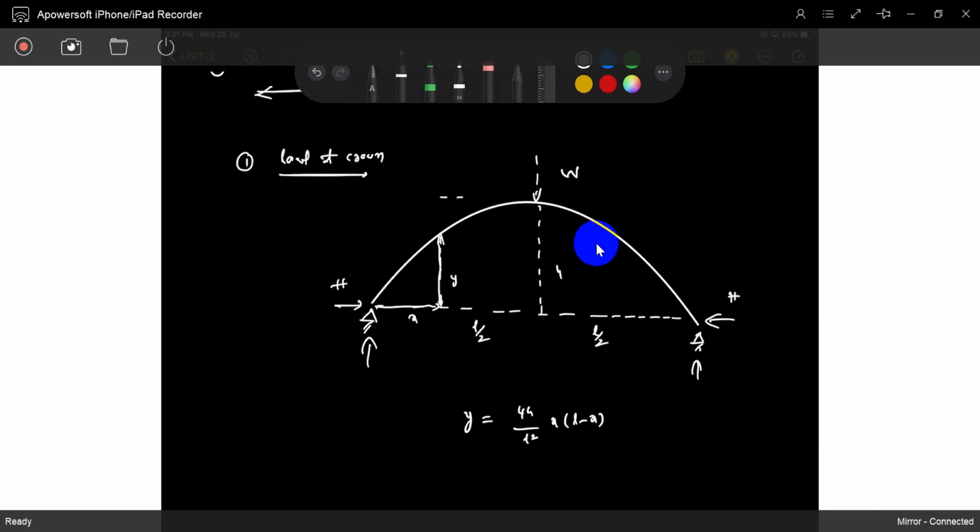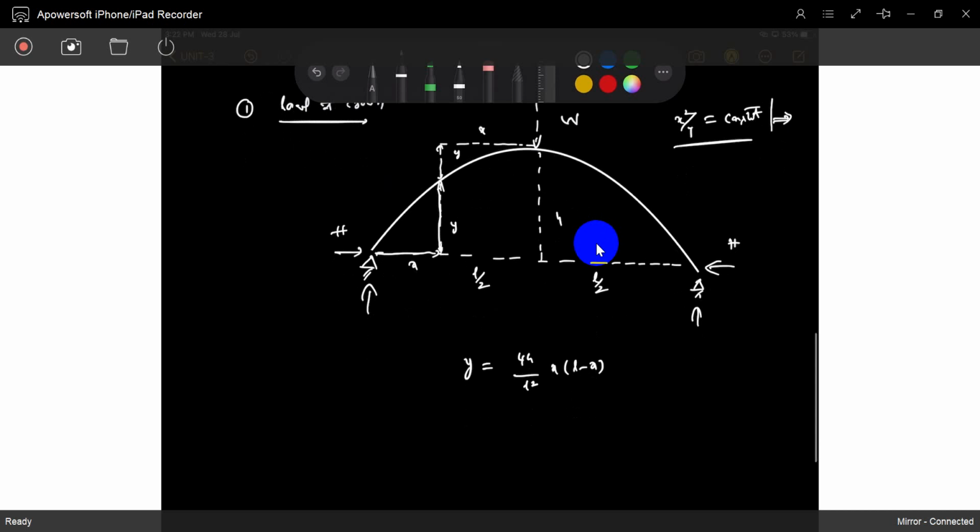Otherwise, if you take the crown as the origin, x square by y is constant. We solved both types in the first class.